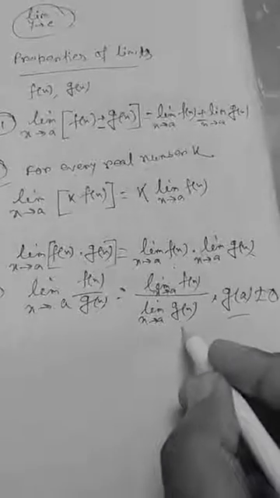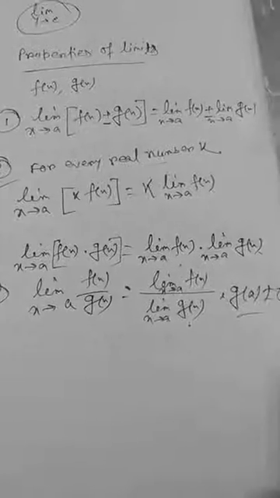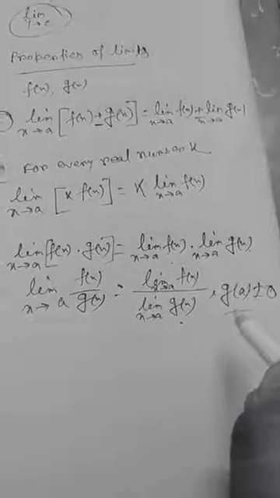Why? If g(a) is equal to 0, that means this is undefined. So this is a very important condition, that g(a) is not equal to 0.